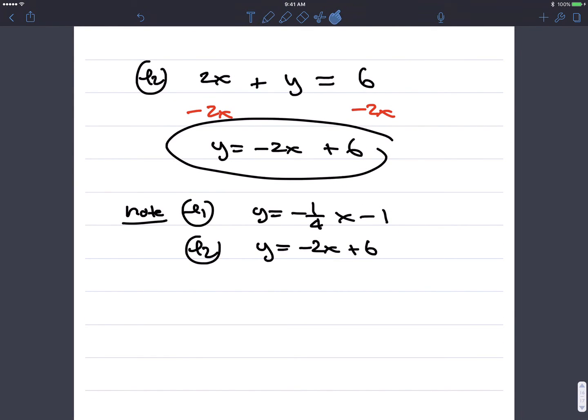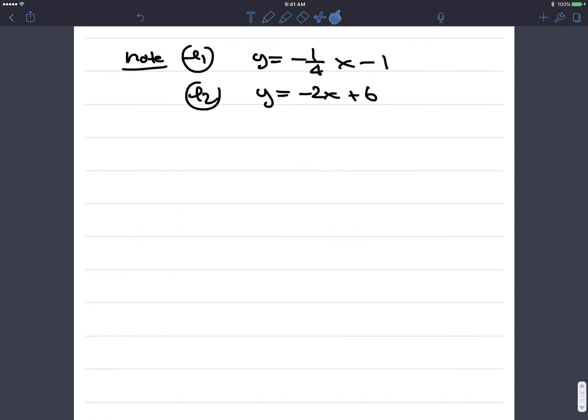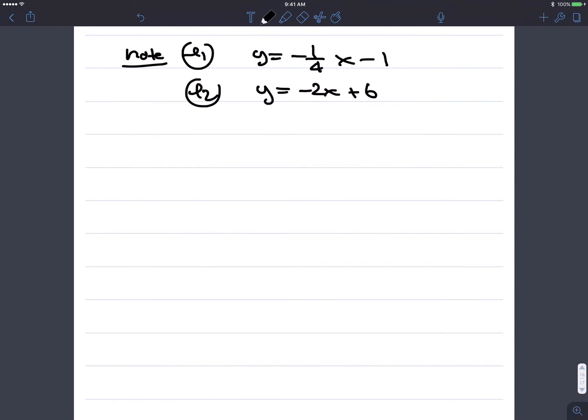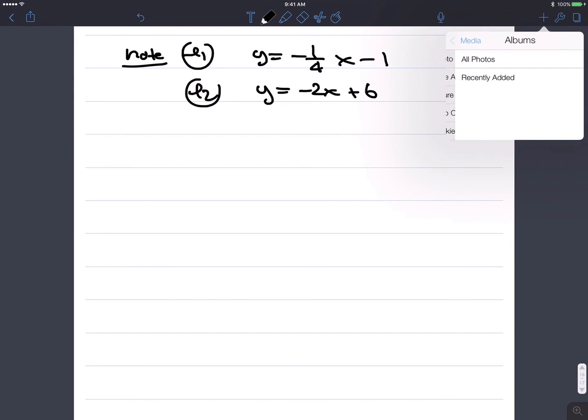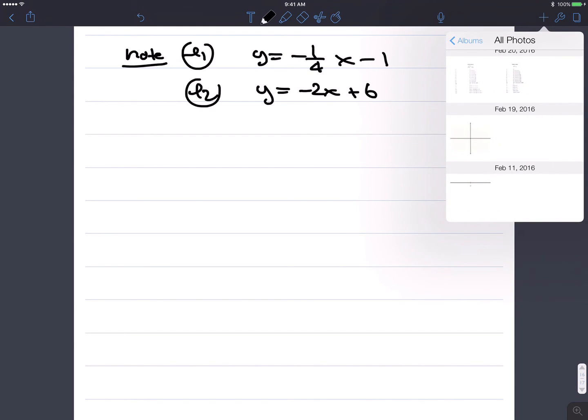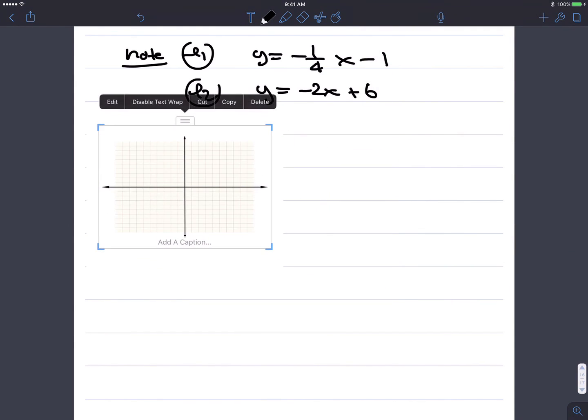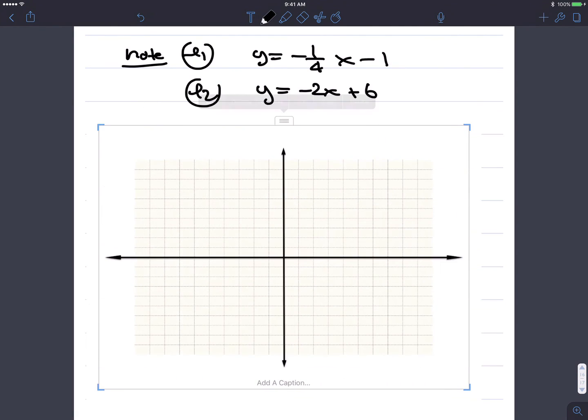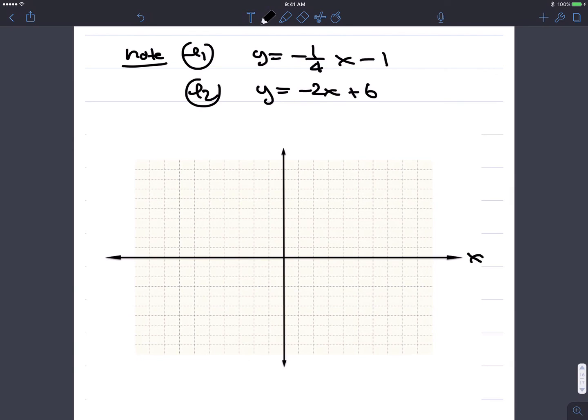Okay, let's start to graph here. X-axis, y-axis.